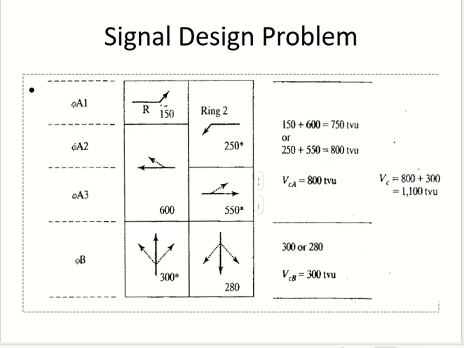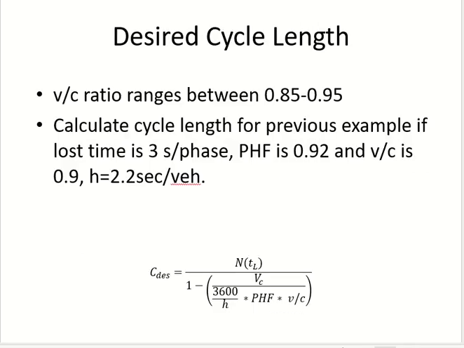Remember, I am just trying to find the total volume which I can use for calculating cycle length. Clear or not? So from this one I pick this one, very easy. From this one I pick this one. So 800 from there, 300 from there, total 1100. Then we can calculate the cycle length.